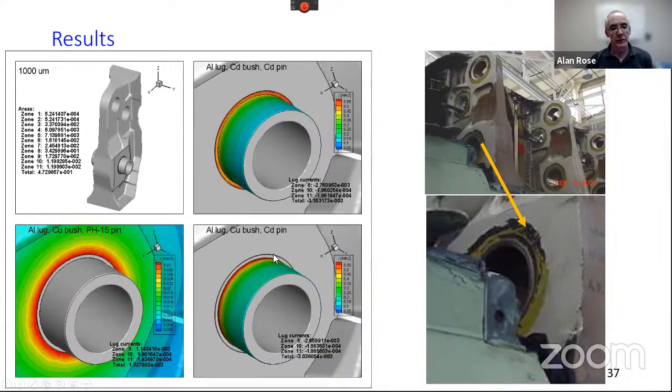But as time progresses, we'll look down here, eventually the cadmium on the bushing could get damaged or certainly get consumed, but still not an issue because the cadmium on the pin is still protecting and has enough throwing power to protect the aluminum despite this copper beryllium bushing in between. But eventually the cadmium is consumed enough on the pin that the whole thing flips.